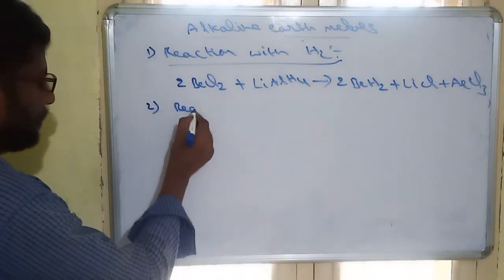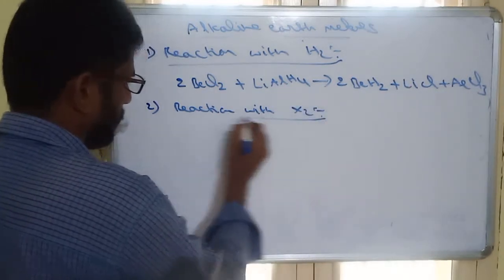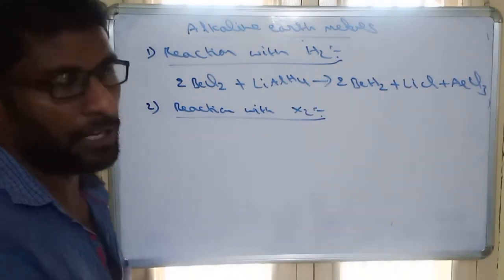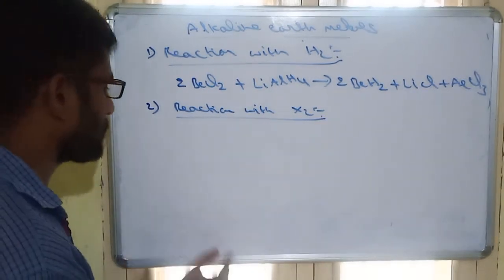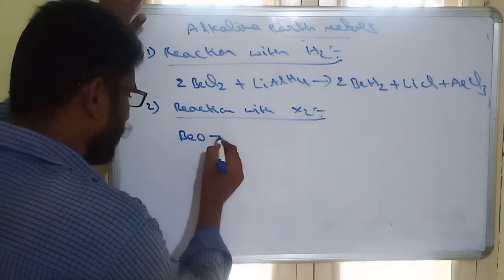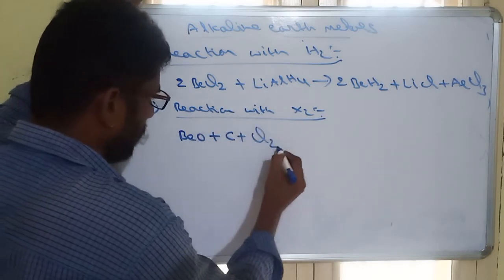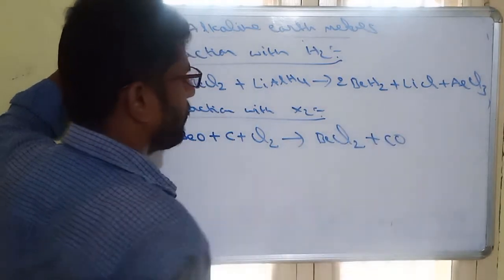Similarly, reaction with halogen. The remaining halides can be easily prepared, but beryllium halides we cannot prepare directly. Mostly we take beryllium chloride, which is prepared from beryllium oxide, carbon and chlorine. They form BeCl2 plus carbon monoxide.